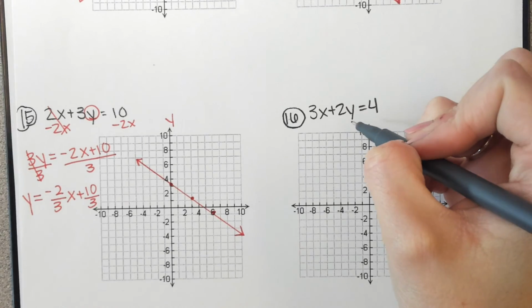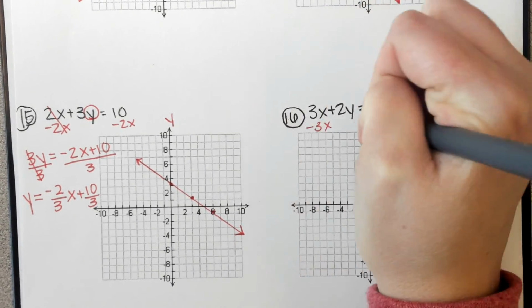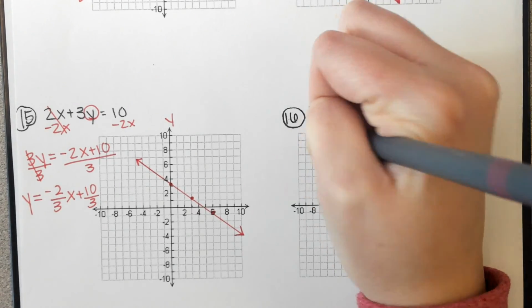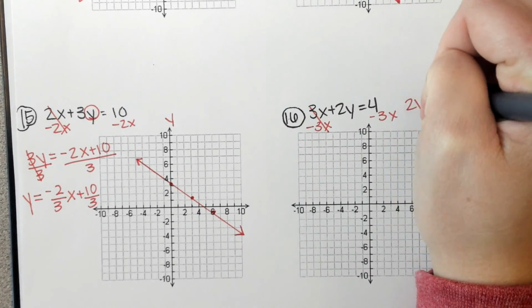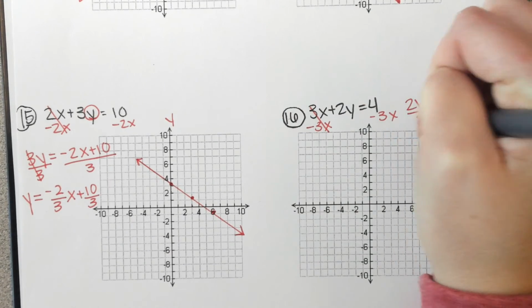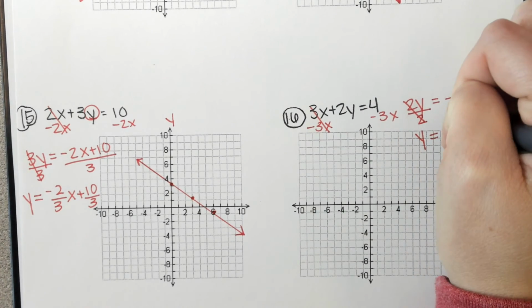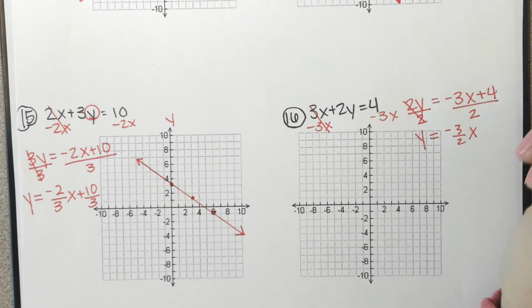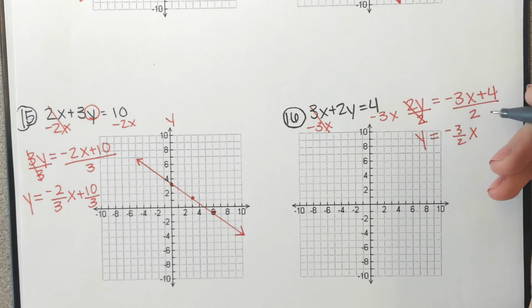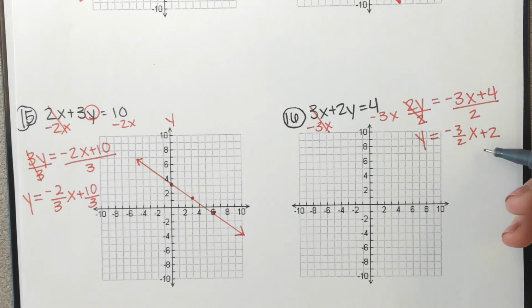So we're going to do the same thing over here. So we're going to subtract the thing with x. So we have 2y equals negative 3x plus 4. Divide all by 2. We have y equals negative 3/2 x, and then 4 divided by 2 is 2. So plus 2. This one should be much easier.